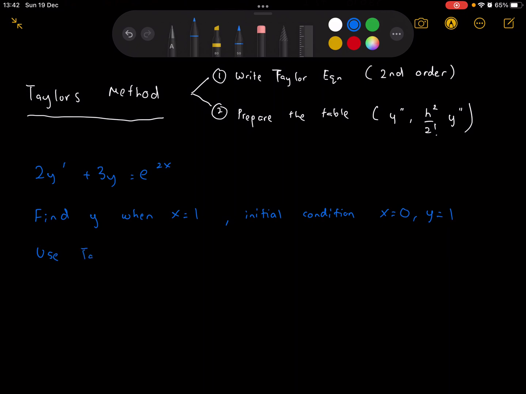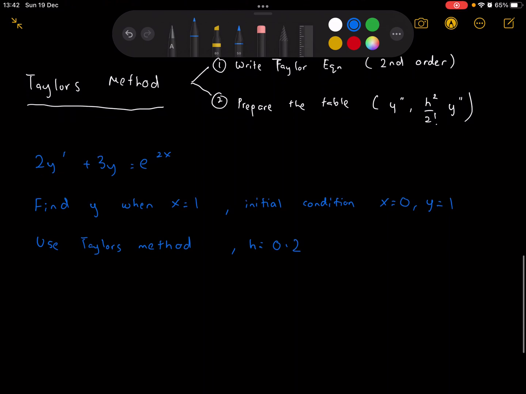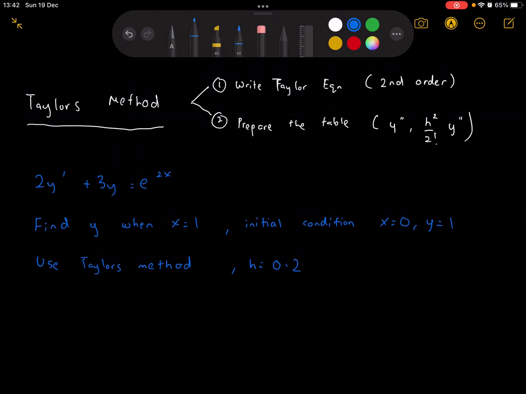Use Taylor's method and assume a step size of h equals 0.2. So it's the same example as before, it's just that we want to use Taylor's method.